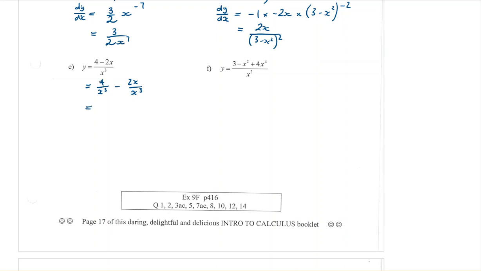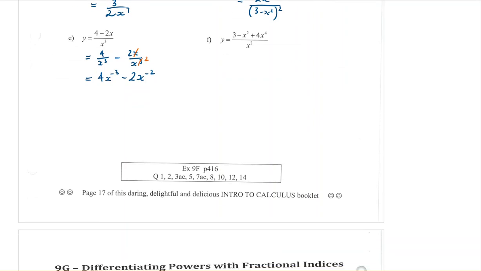So for the first one, 4 and the x cubed, I could write that as 4x to the negative 3. For the second term, I could cancel the x on the top with one of the ones on the bottom, so I have x squared on the bottom, and that would become minus 2x to the minus 2, getting rid of all the fractions.